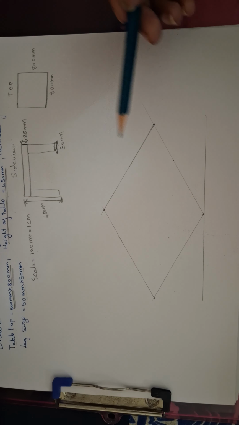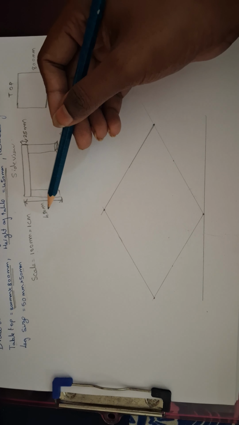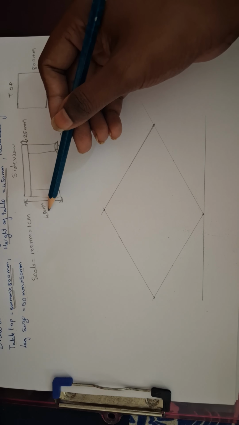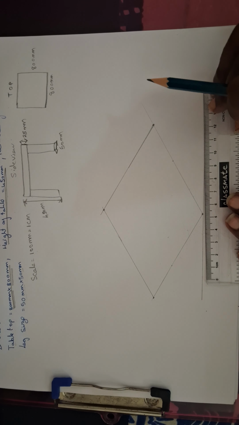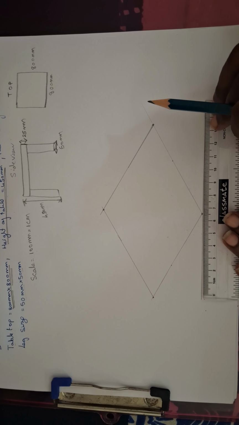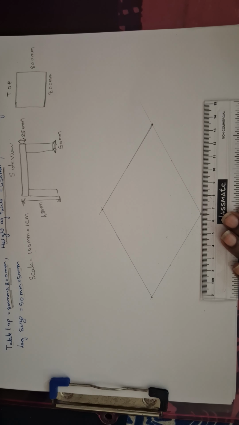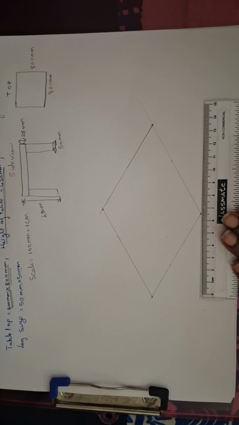Now I am going to draw the height of the table. Here it has mentioned the height of the table is 450 mm. So let me draw a 90-degree line using the set square.